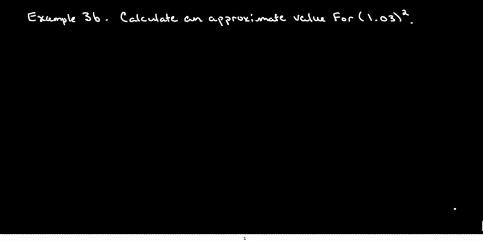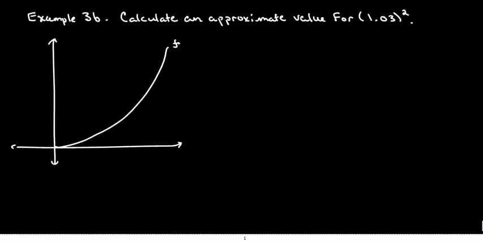In part B of this example, we're asked to calculate an approximate value for 1.03 squared. So the idea would be this. What we're going to do is take the function. The function is a squared function that looks like this.